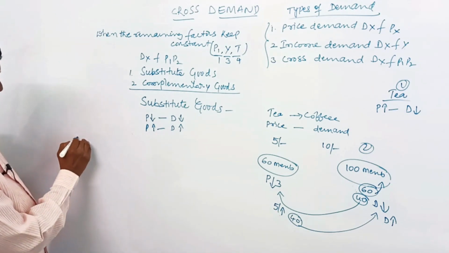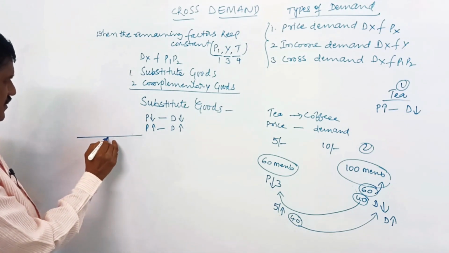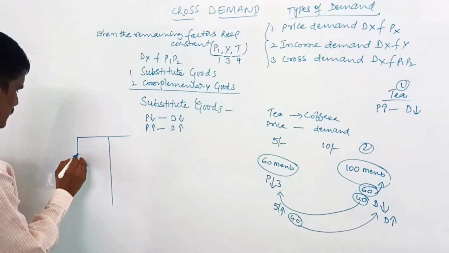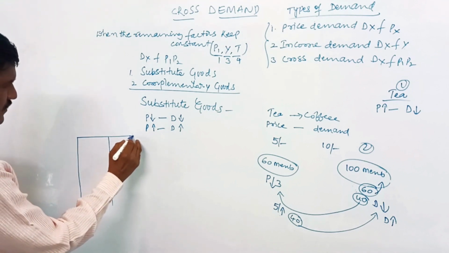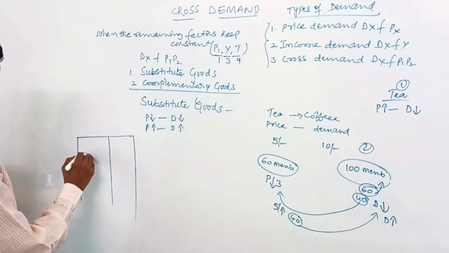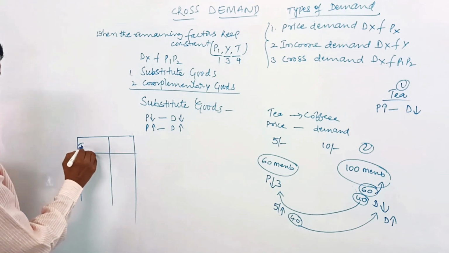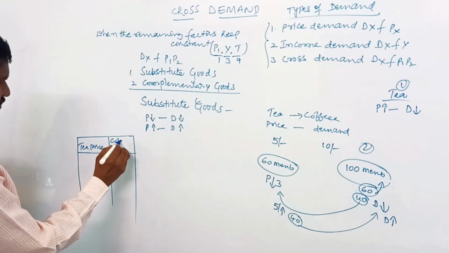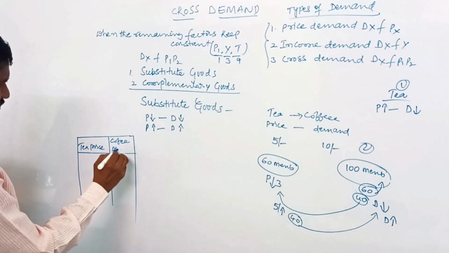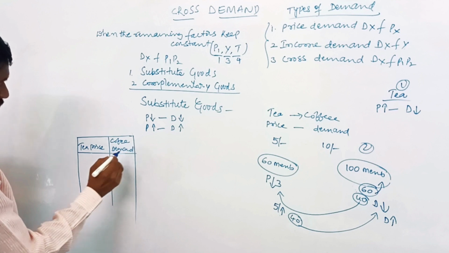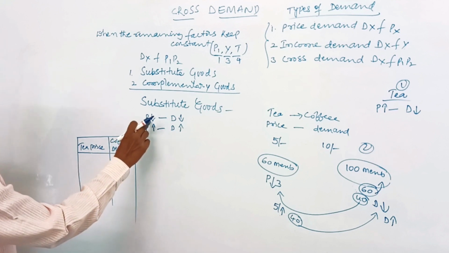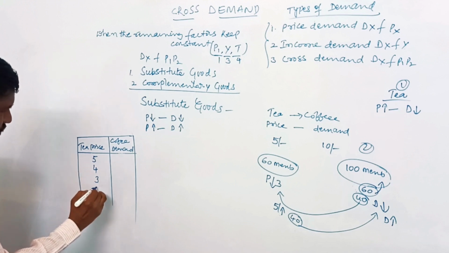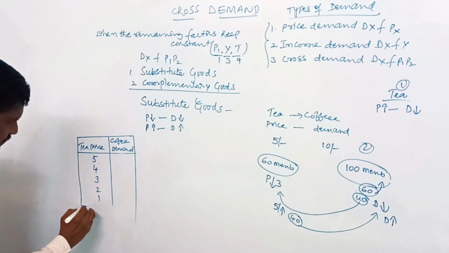This is a table. Tea price, coffee demand. Tea price decreases: 5, 4, 3, 2, 1.